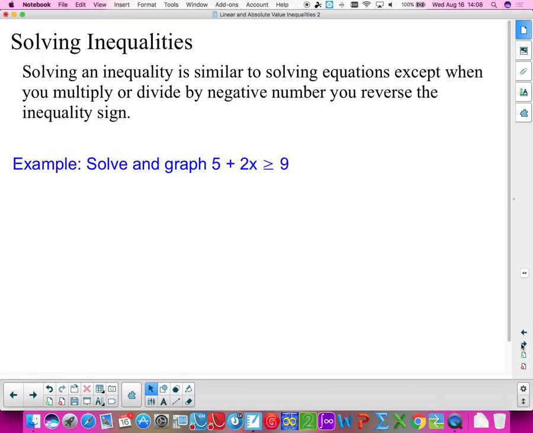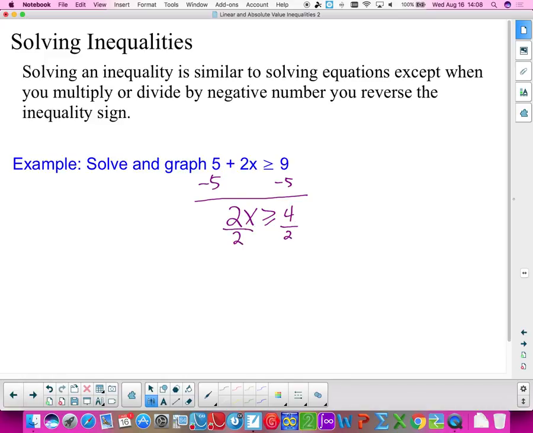So if I'm going to attack this like yesterday, we'll subtract the 5 first. Good deal. 2x is greater than or equal to 4. Then divide by 2. Now when I divide by 2, I'm okay, right? We're not changing anything. Only with a negative number.